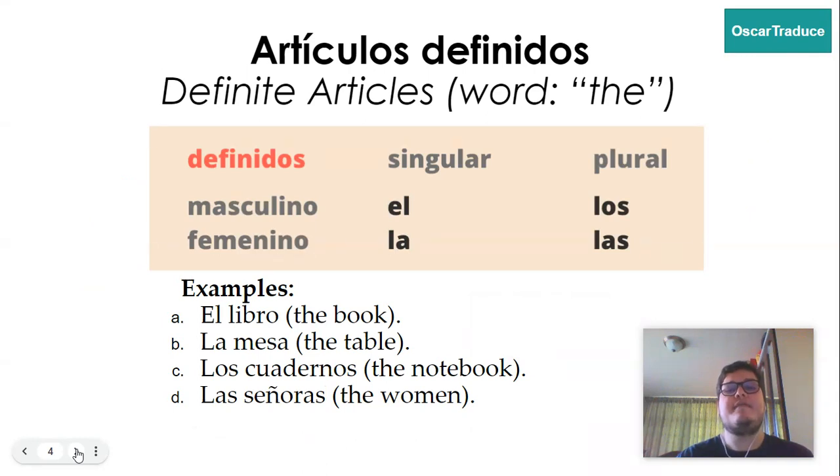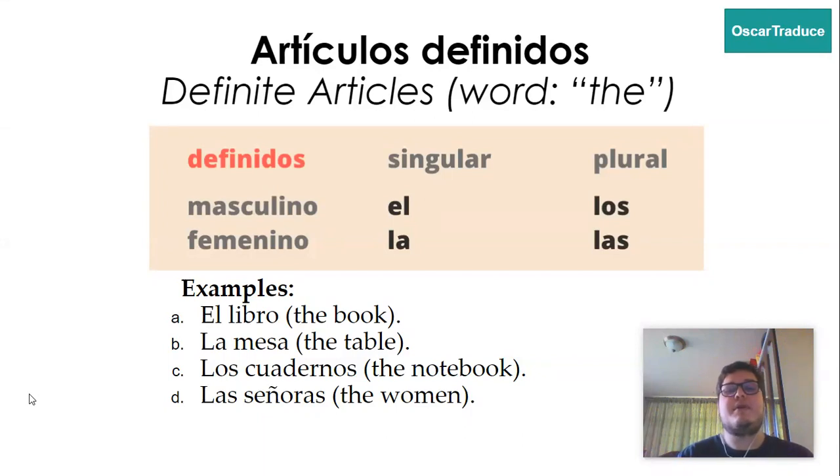Then we have the definite articles, and in Spanish we call them artículos definidos. That means when we use the word "the." In English, it is much easier to use the word "the" because it's just one word. But in Spanish, we have to separate them according to the gender and to the number.